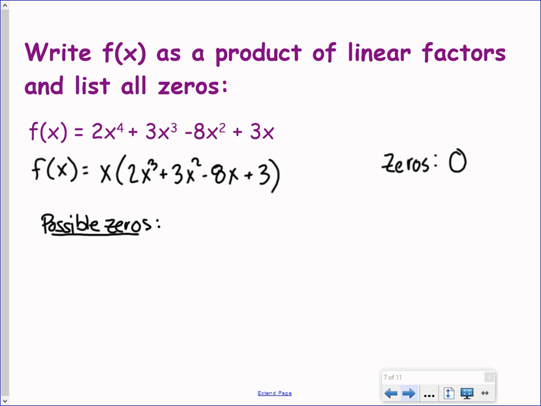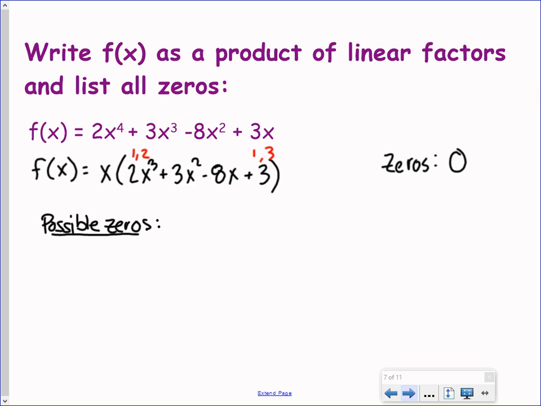So we've already factored out the x. We found that 0 over there. Let's look at factors of our constant, 1 and 3. Factors of our leading coefficient, 1 and 2. These are our p's, factors of a constant. These are our q's, factors of the leading coefficient.